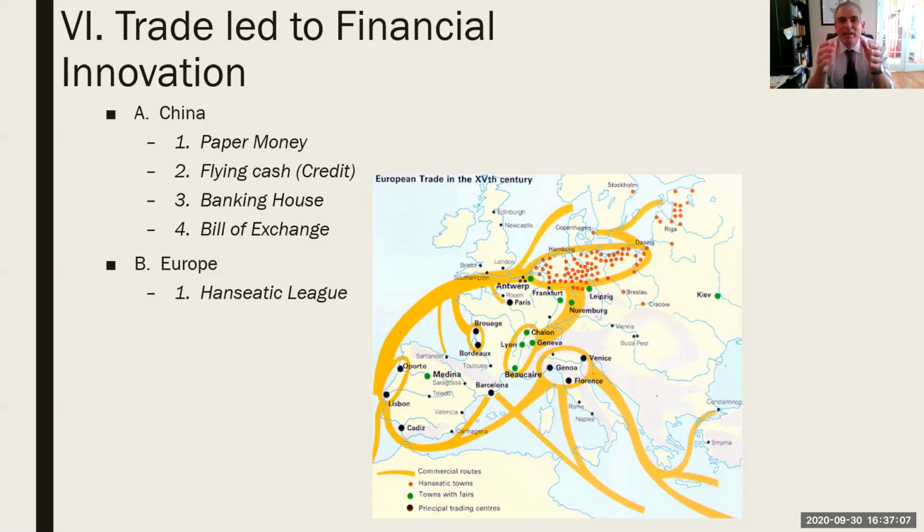But the thing with paper money is that walking around with a lot of it and doing business all over the place, because there isn't just one single currency, is complicated. So the Chinese developed what's called flying cash. A merchant would deposit his paper money into one house and keep a record. Then if he went to another house, he could borrow against that amount of money. And that's what we call credit.